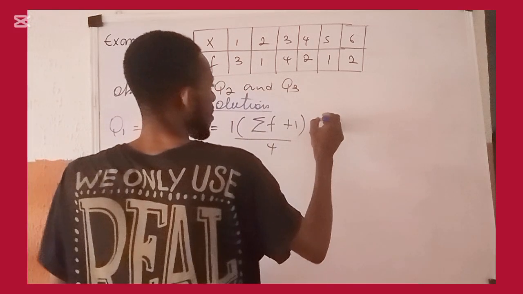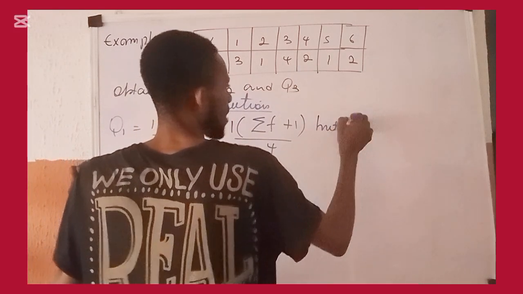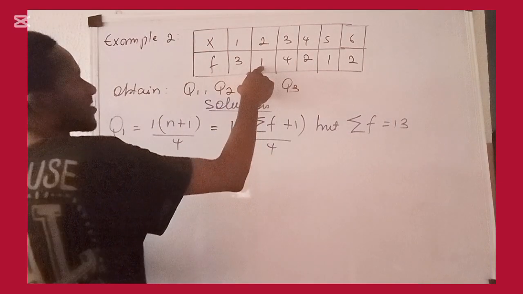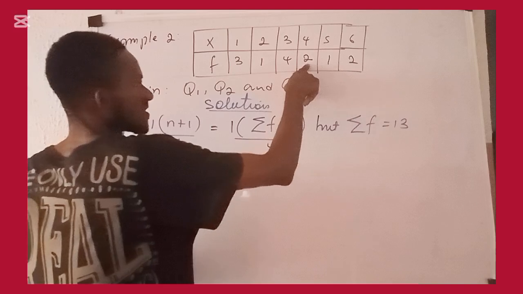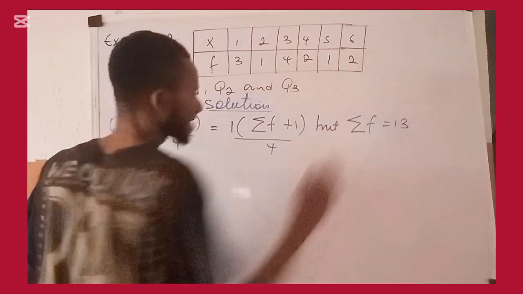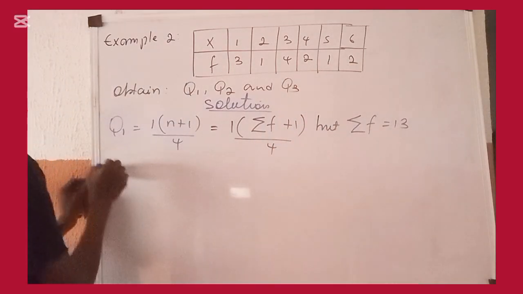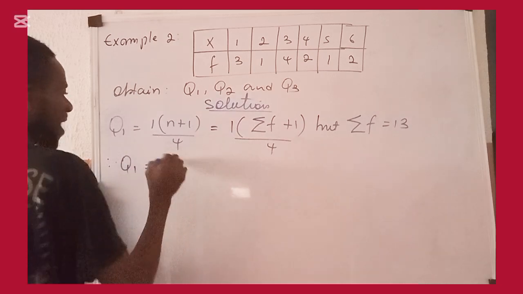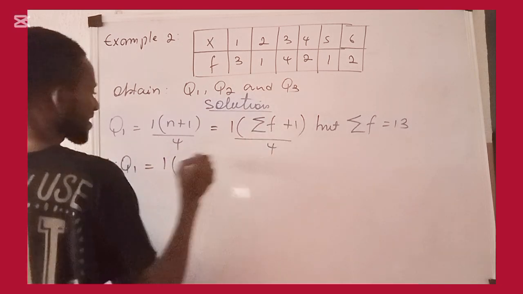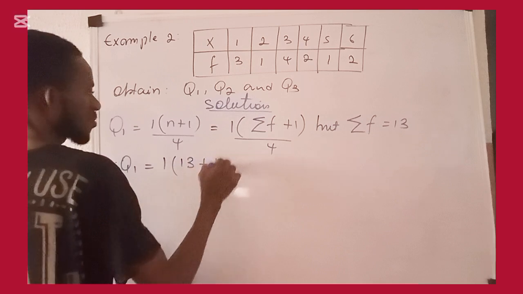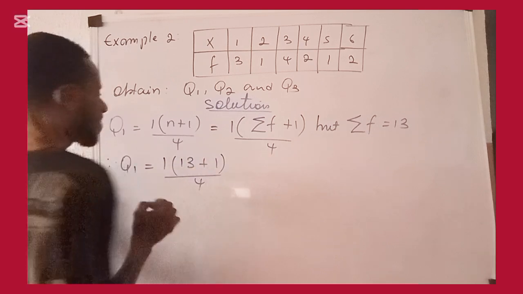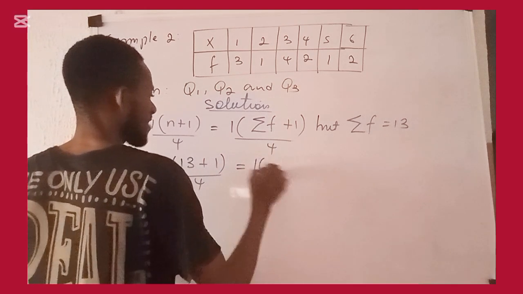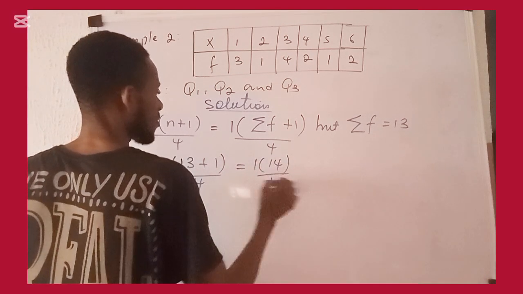But sum of f is equal to 13. 3 plus 1 is 4, plus 4 is 8, plus 2 is 10, plus 1 is 11, and plus 2 is 13. So we now say that therefore, our Q1 is given as 1 into sum of f, which is 13, plus 1 all over 4. 13 plus 1 will give me 14, so this becomes 1 into 14 all over 4.